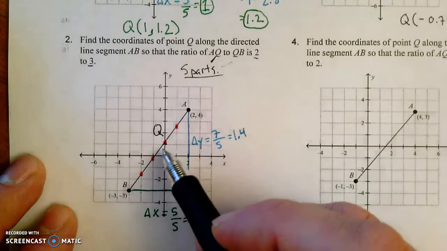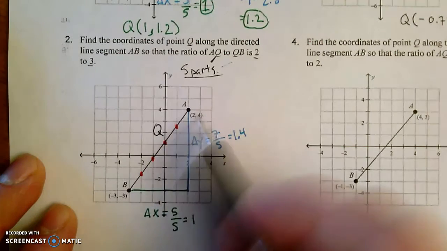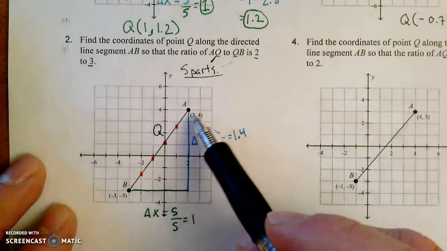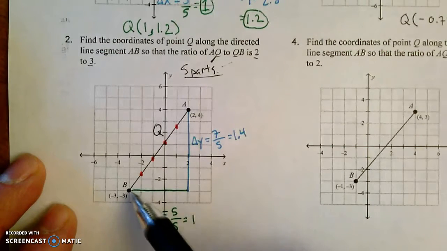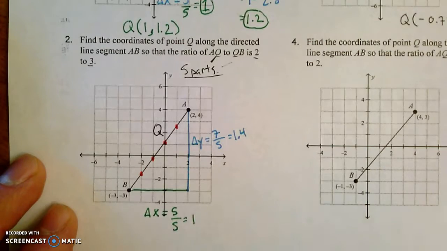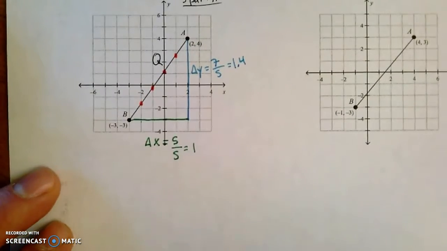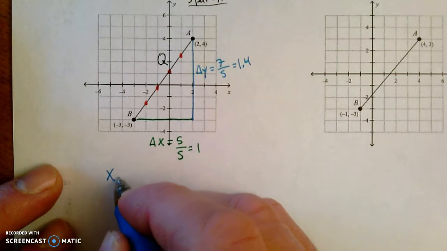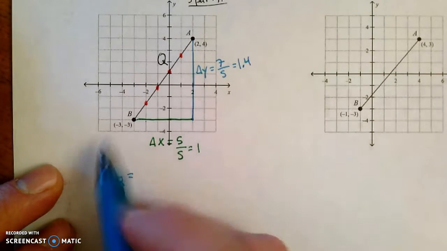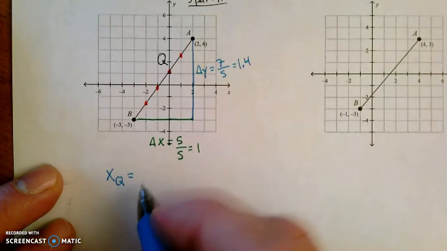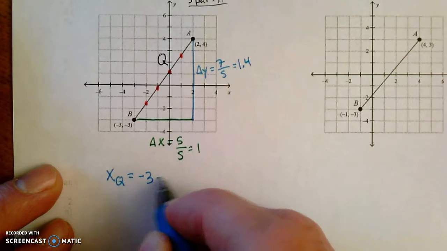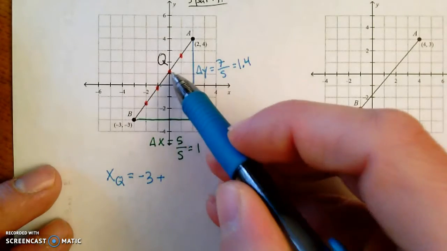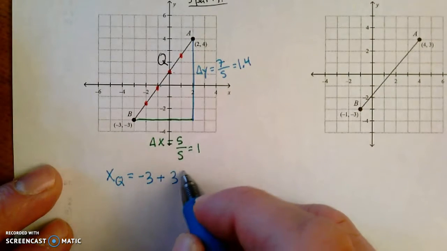Now we have to figure out what its actual coordinates are. So we're going to start from one of the 2 ends. And since this is really similar to number 1, and on number 1 I started from A, we'll start from B this time. So our x coordinate for Q is going to be equal to, we're starting with an x coordinate of -3, and we're adding 1, 2, 3 steps of size 1.